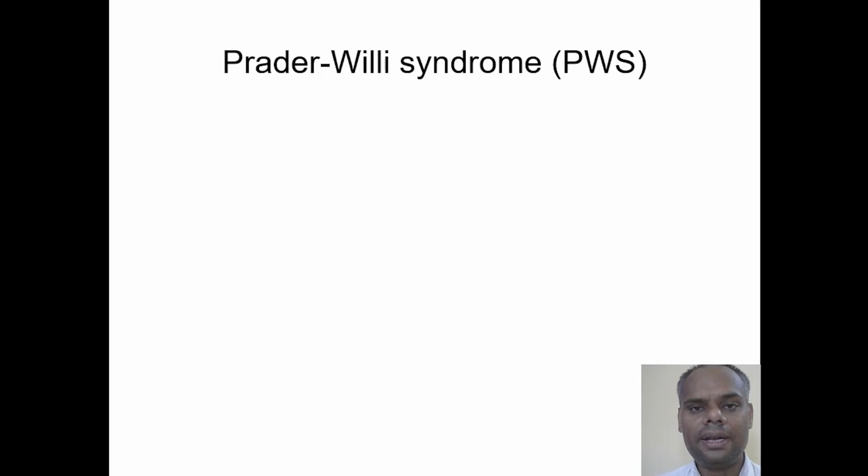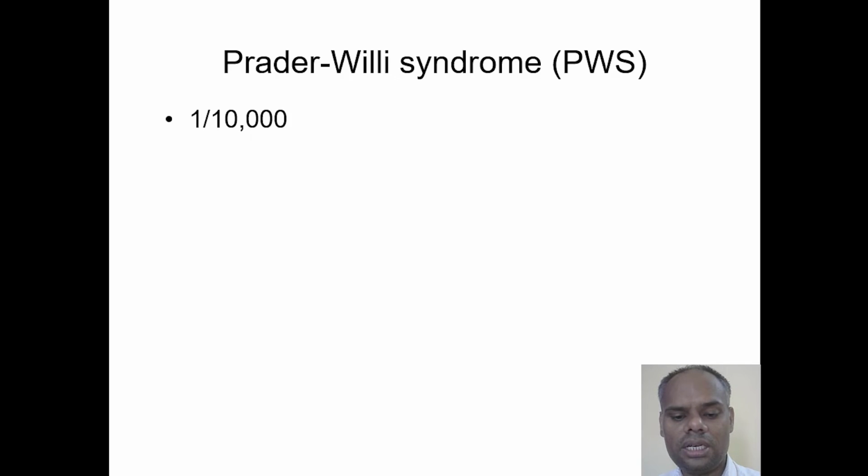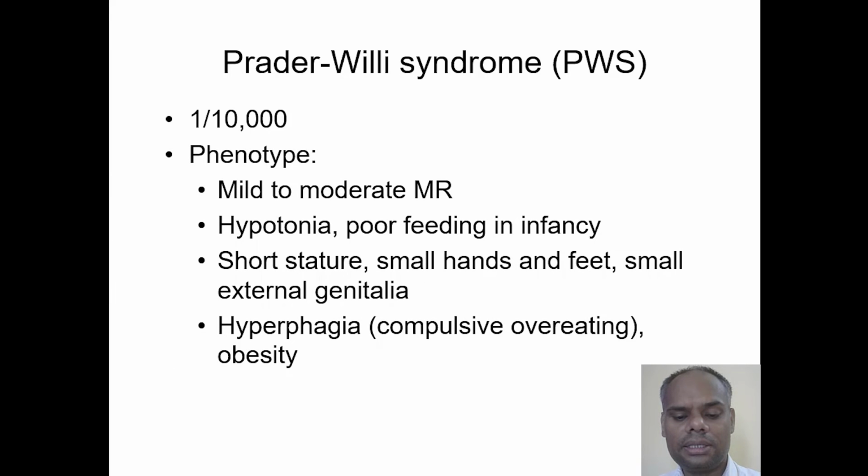Next is Prader-Willi syndrome, also known as PWS. The incidence rate is 1 in 10,000 population. The phenotypic characteristics include mild to moderate MR, hypotonia, poor feeding in infancy, short stature, small hands and feet, small external genitalia, hyperphagia, compulsive overeating, and obesity.